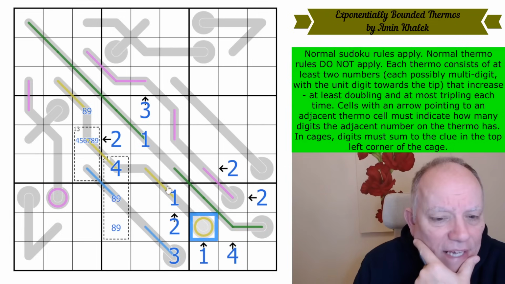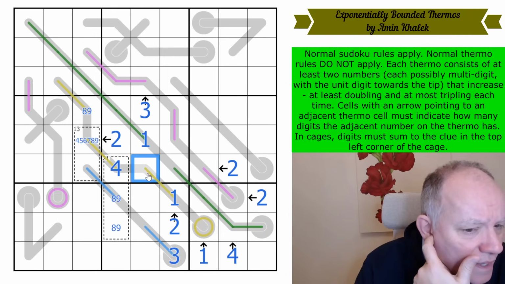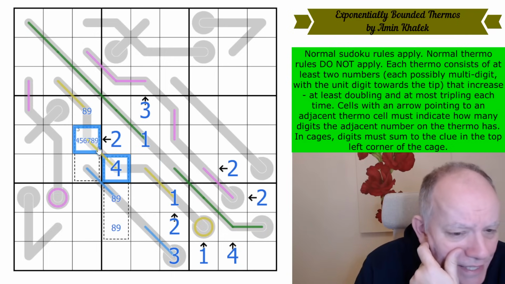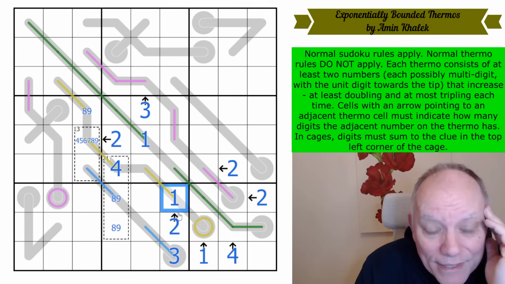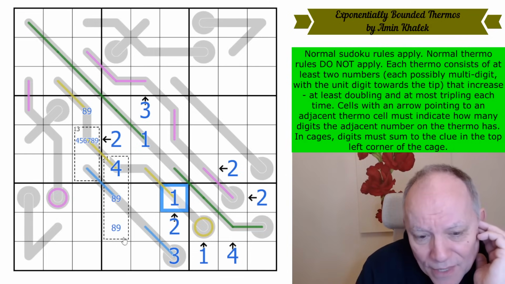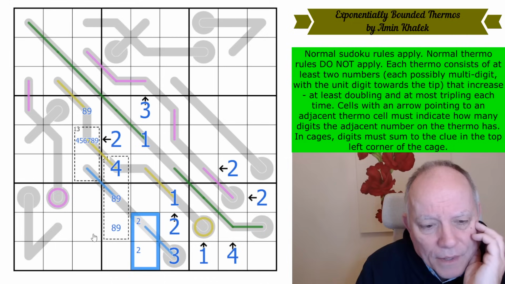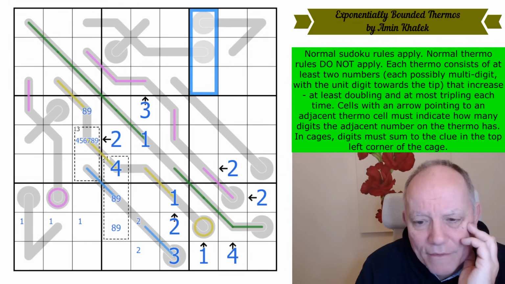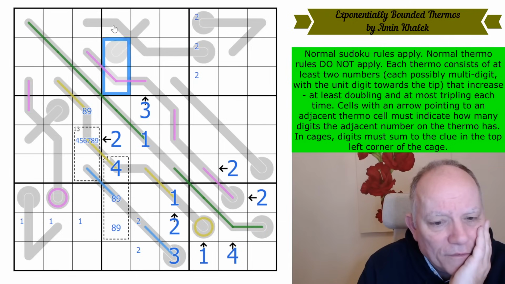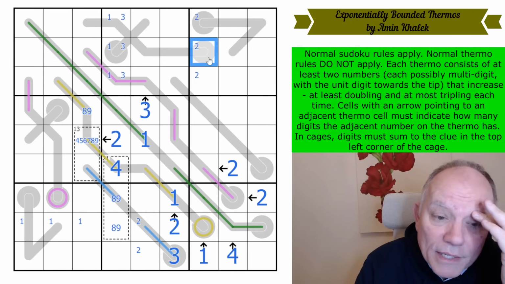So it doesn't limit that at all. I don't think it limits this at all. And I don't think whatever it is limits this at all. So it's just a number. Oh, that's annoying. There is a 2 in one of those positions by Sudoku. There's a 1 in one of these. I do need to do some Sudoku. I haven't really looked at this from a Sudoku point of view at all. Oh, I was going to look at this. Right.